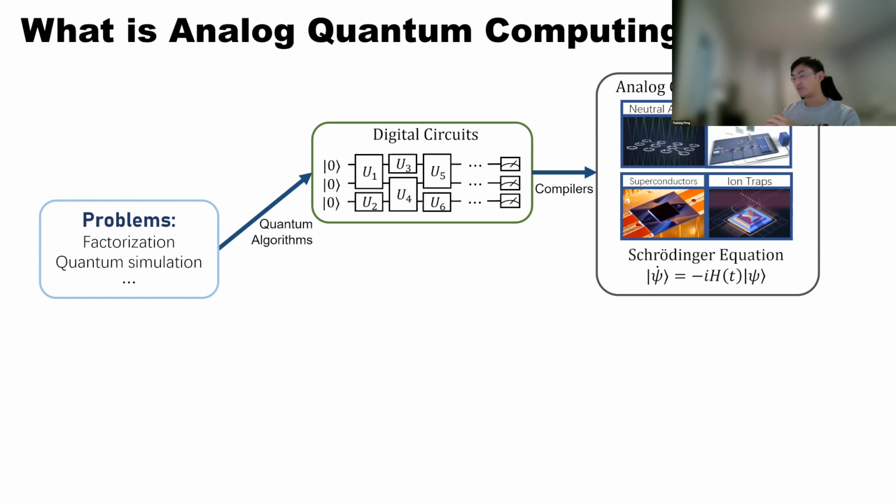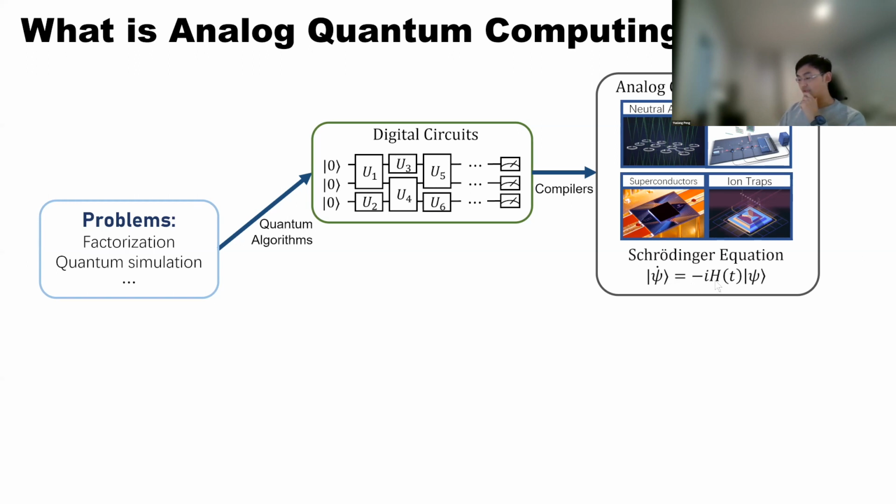Many architectures that are promising for the development of quantum computing include neutral atoms, photons, superconducting quantum computers, or ion traps. The common thing they share is that their evolution obeys the most fundamental governing equation, the Schrodinger equation, which is described in this small, very easy to read equation here.